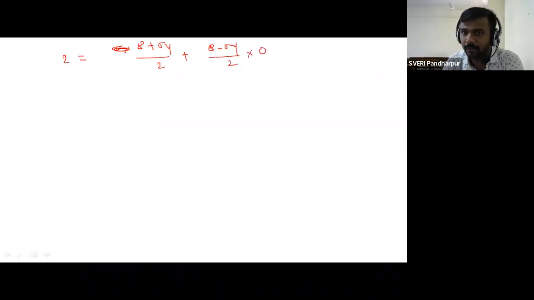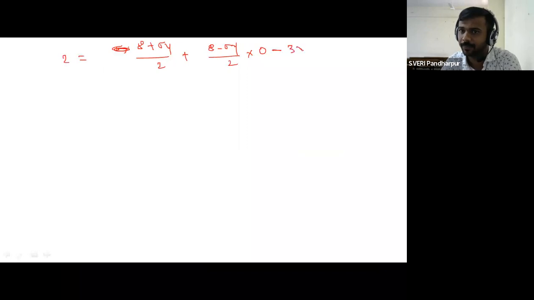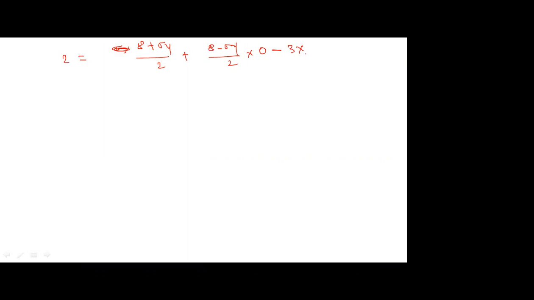So here 0. 8 minus sigma y divided by 2 multiply by 0, minus. Why have I taken minus here? Because tau is negative. So minus 3 into, what's the value of sine 90? 1.